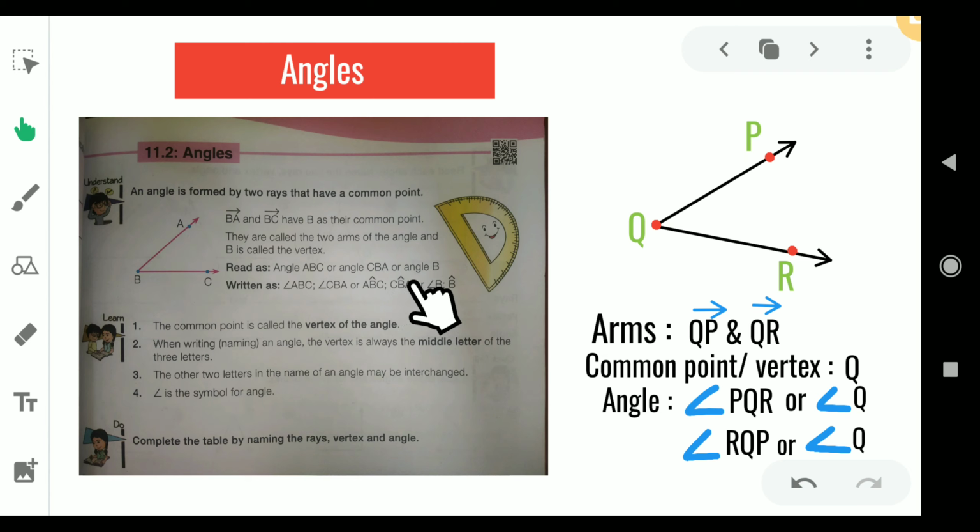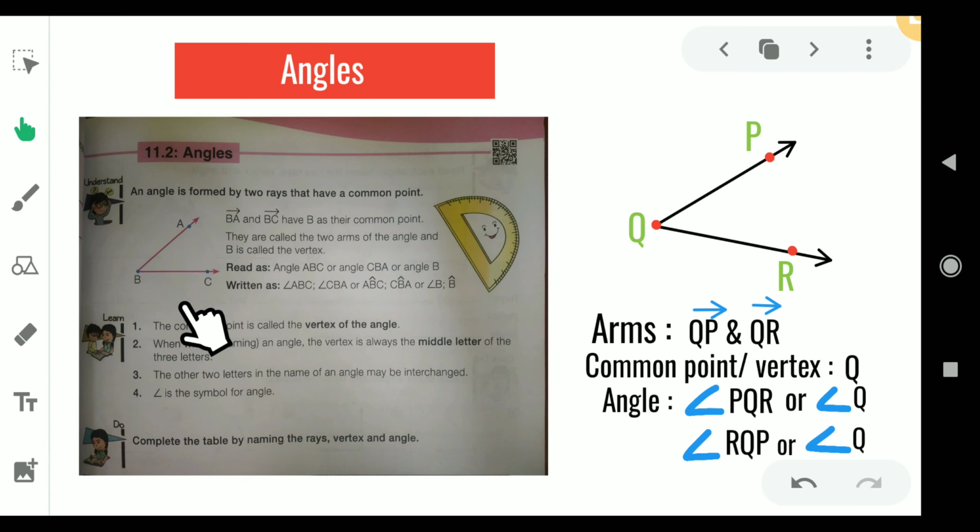Or it can also be written as angle B, because this shows that at point B the angle is formed, and on top of B there is a symbol that shows the angle.